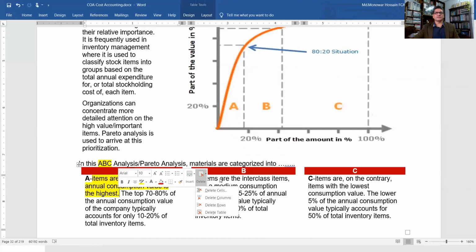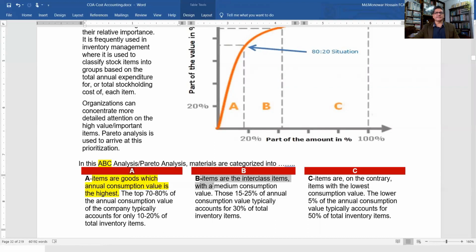B indicates that the consumption value is medium. And C is the lowest price and value is lowest, but quantity is high.